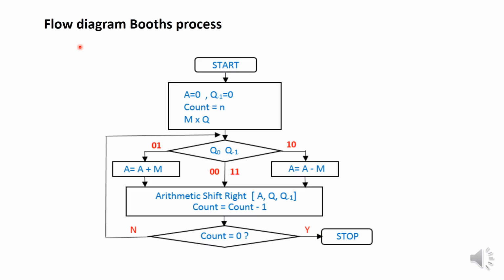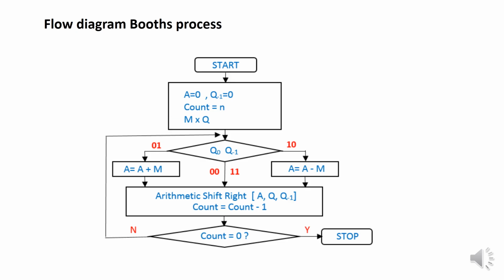Now, this is the flow diagram of the Booth implementation process. This is the accumulator initially set to 0. This is the Q-1 register initially set to 0. This is the countdown from the number of bits.